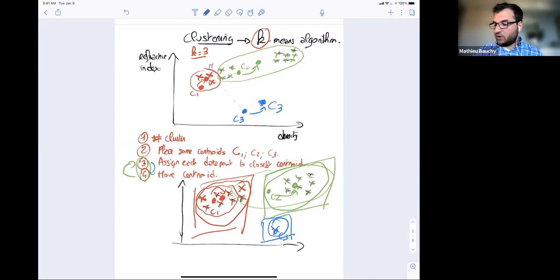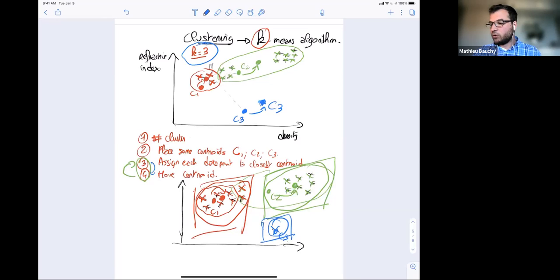The disadvantage of this is that you have to decide from the beginning how many clusters you think you will find, because that's going to give you the number of centroids that you place randomly at the beginning. So here we would have to say, I want 3 clusters. If you say from the beginning that you want 2 clusters or 4 clusters, then it's going to find 2 clusters or 4 clusters.